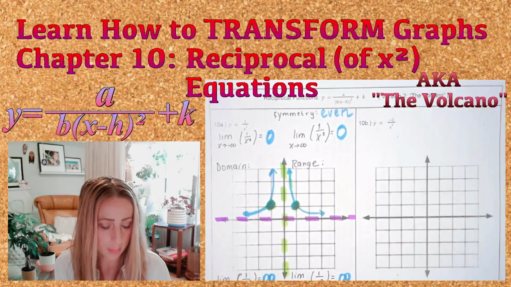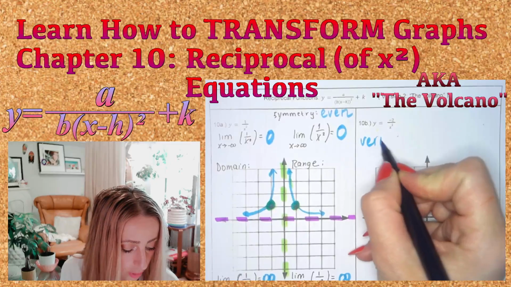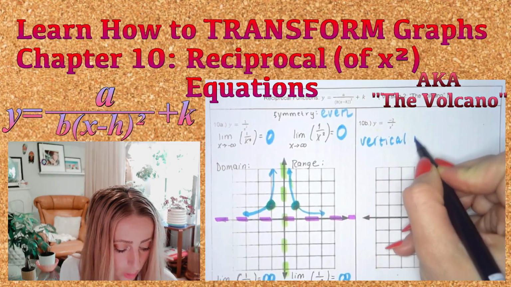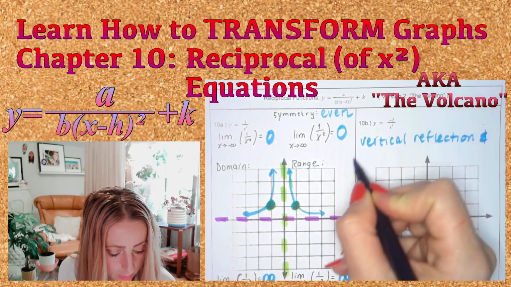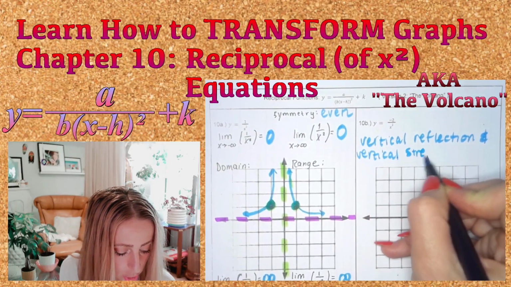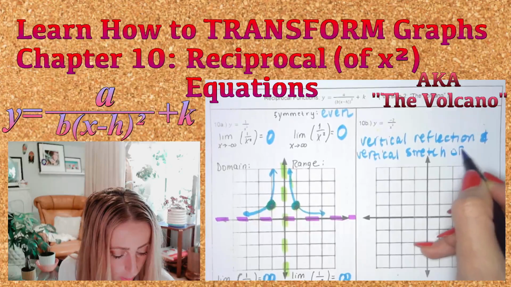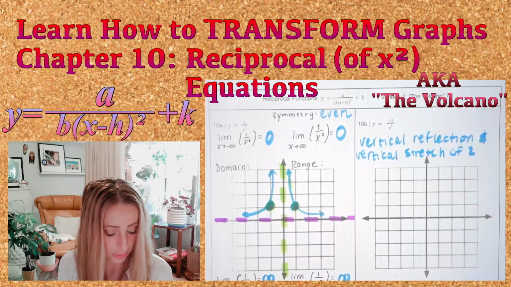The next example, to the right of it, is a vertical reflection and vertical stretch of 2. I'm going to draw in my asymptotes first. They did not move.